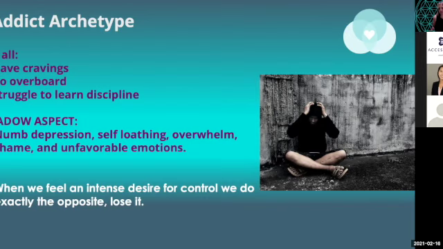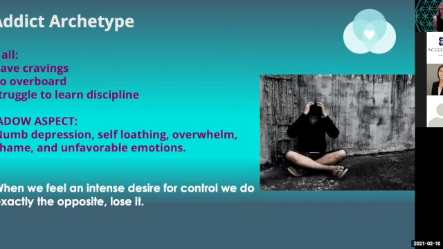Maybe it was a good night out, we overdrank, we felt it the next day, it wasn't a good morning. But we all have those tendencies. And then we may also struggle learning discipline, right? So these are things in the background that not only do addicts struggle with, but as human beings, we all experience these things.